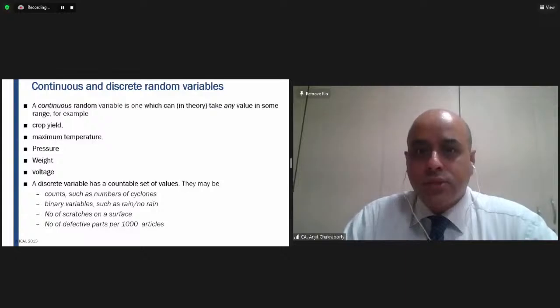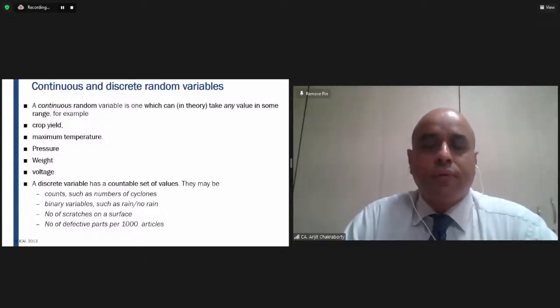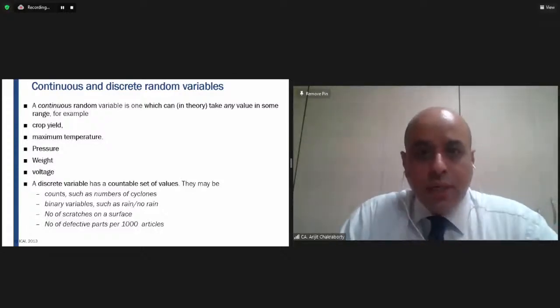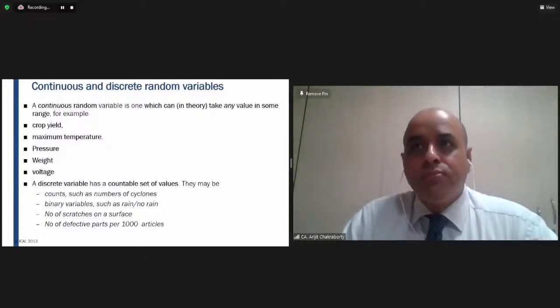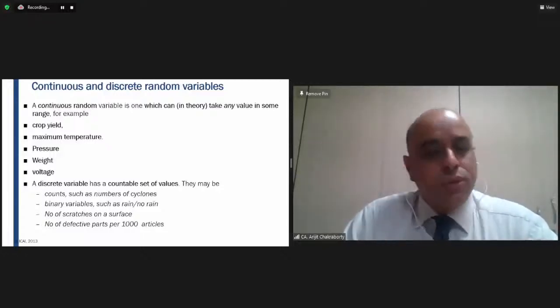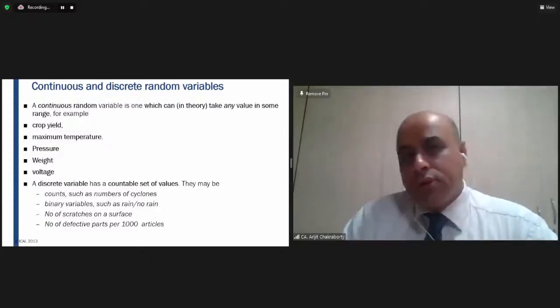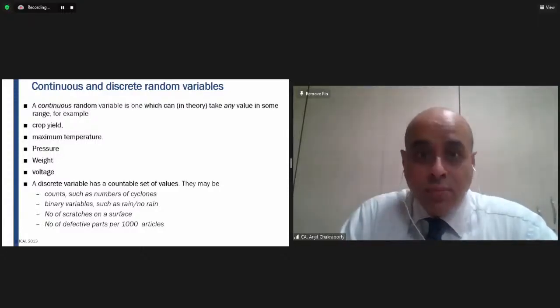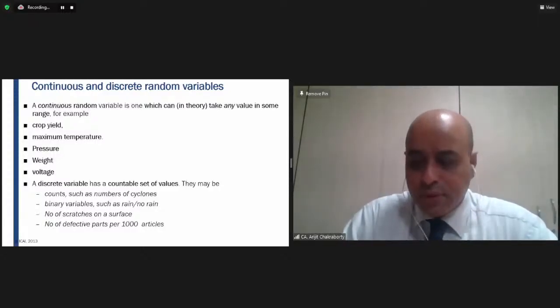Now, this has to be discrete. Number of tablets, you cannot have fraction, you cannot have negative. Similarly, say if I say the demand for computers. This demand for computers will be variable, so it's a random variable. Is it continuous? No. It is discrete because the demand for computers will be only in whole numbers, right?